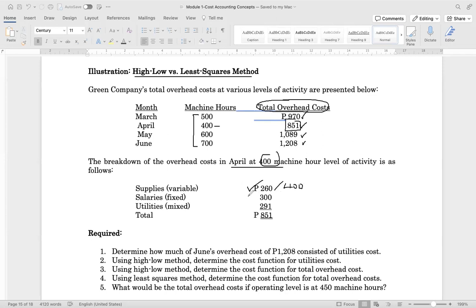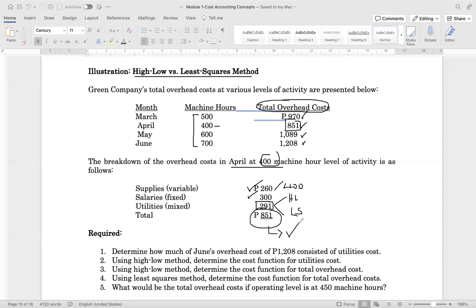Salary is fixed, so per total, it's fixed. And utilities is mixed, so you have to apply the high-low method or least square regression. Or you can also use the total overhead to apply these methods.